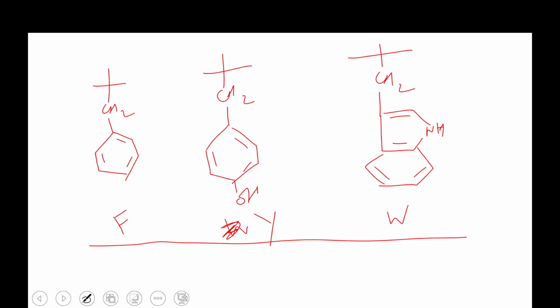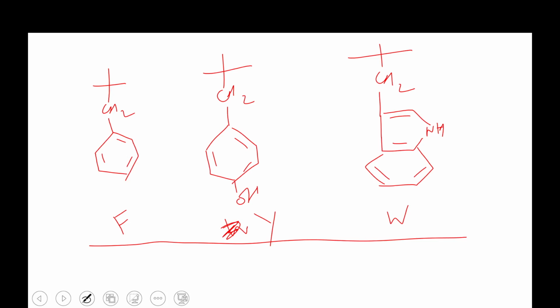That absorption happens because these aromatic amino acids have a conjugated bond system: double bond, single bond, double bond, single bond. That conjugated electron system is responsible for the absorbance of UV region light.